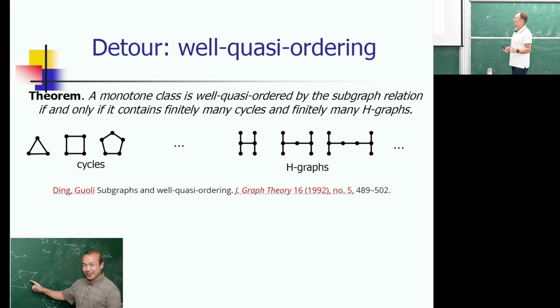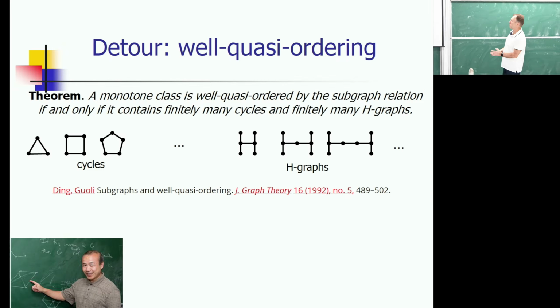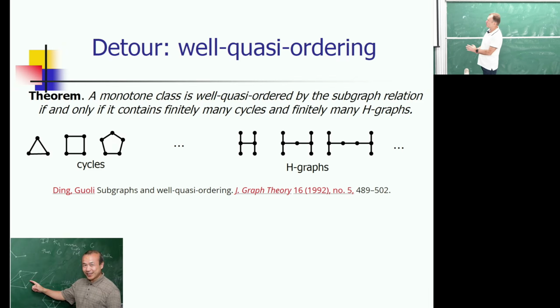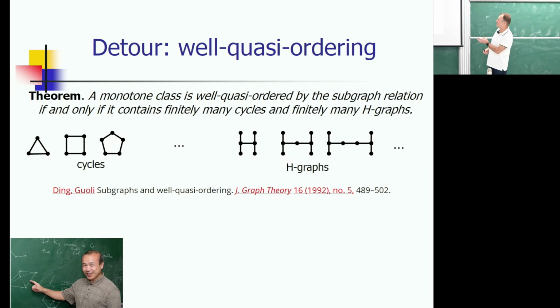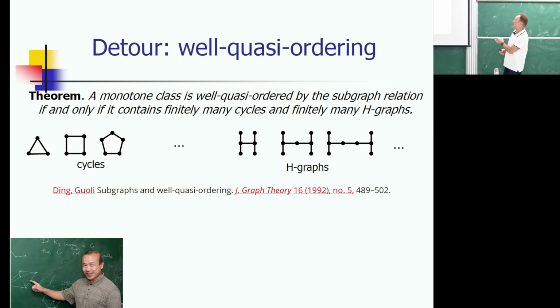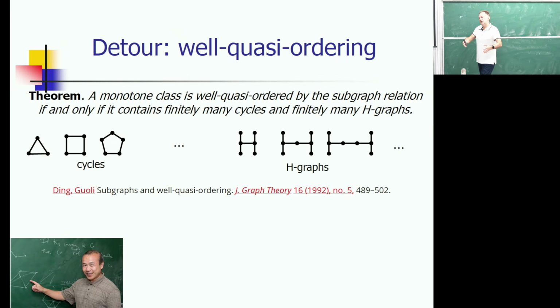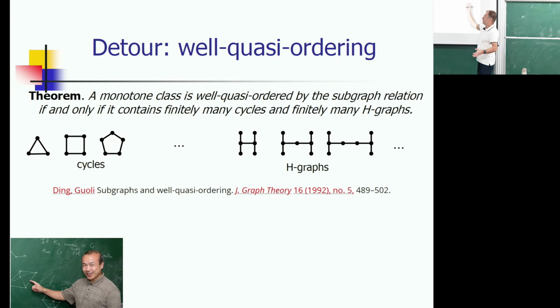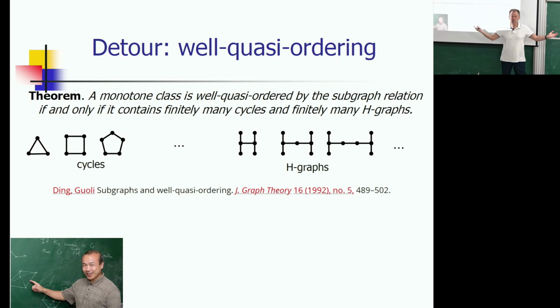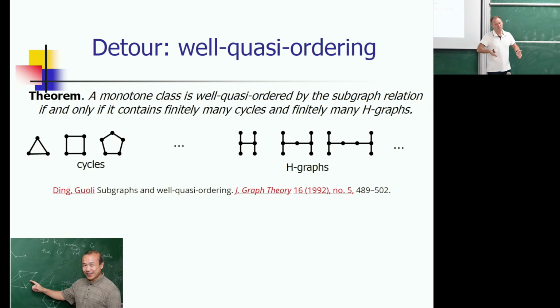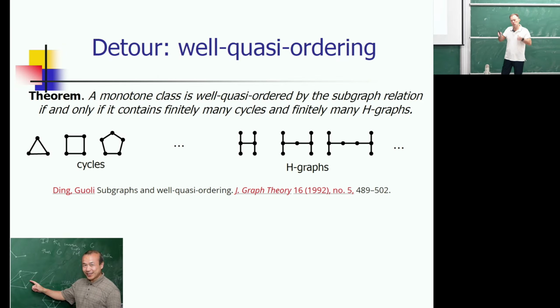A monotone class is well quasi-ordered by the subgraph relation if and only if it contains finitely many cycles and finitely many H graphs. So if a monotone class contains infinitely many graphs from this anti-chain, then it's not well quasi-ordered. If it contains finitely many graphs from this particular anti-chain, it's well quasi-ordered.